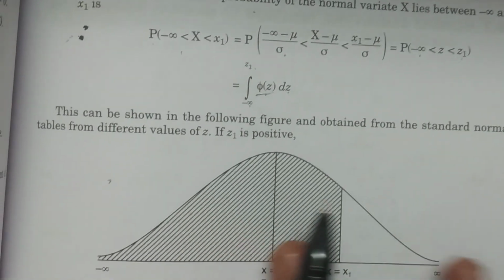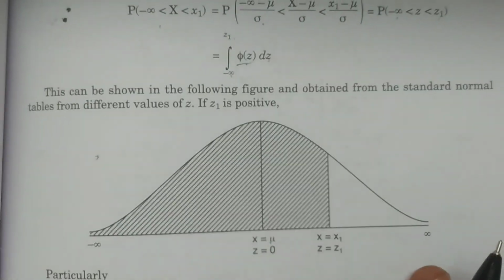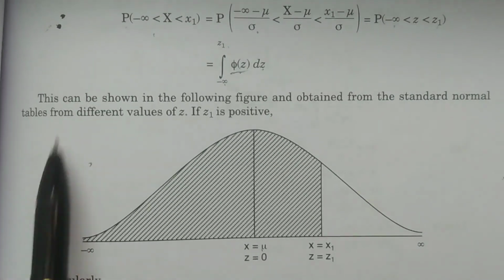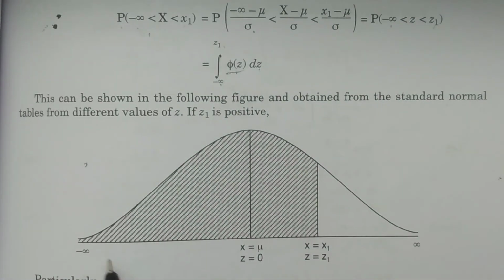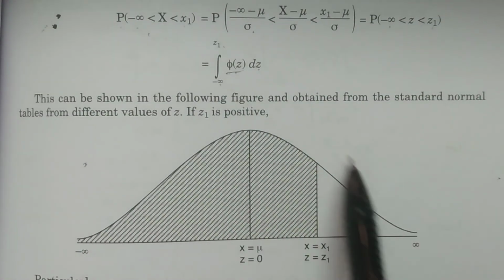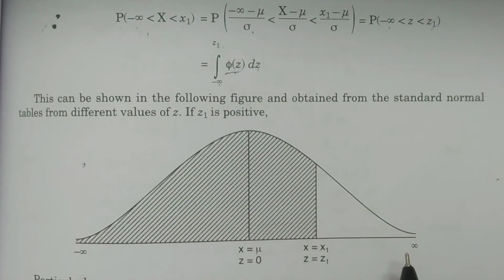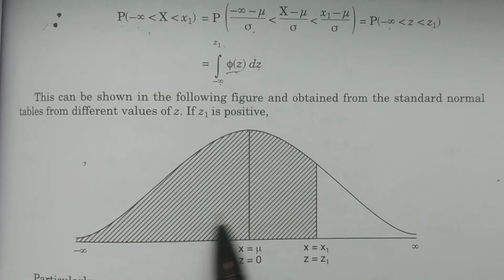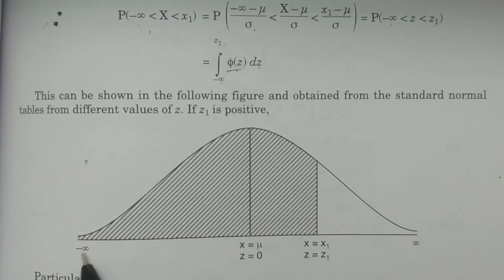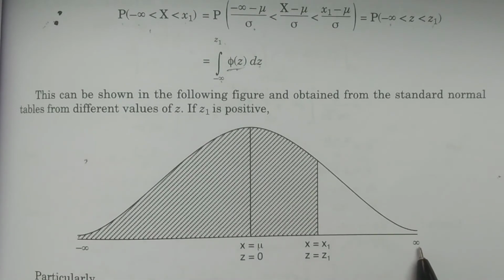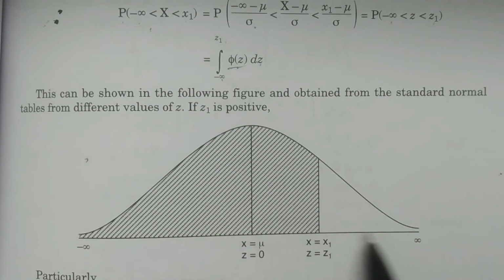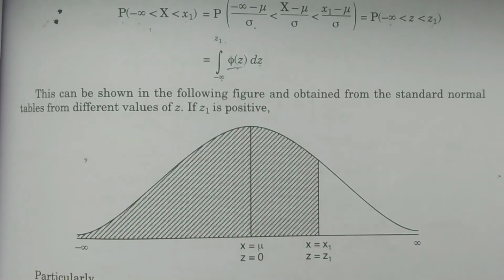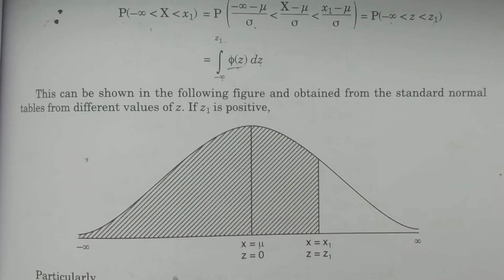So you see here, this probability is going to be expressed as the probability from minus infinity to x1. Consider this bell-shaped normal curve, or probability curve of the normal distribution, expressed in this fashion. Minus infinity I am considering here, and plus infinity. This is the x-axis. I'm not representing the y-axis, I just draw that curve.